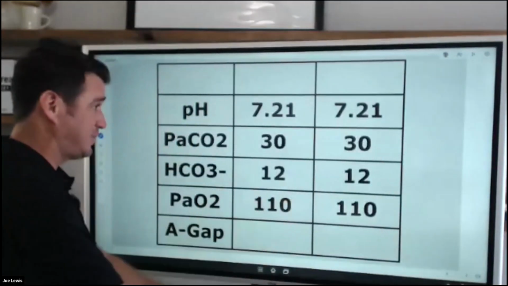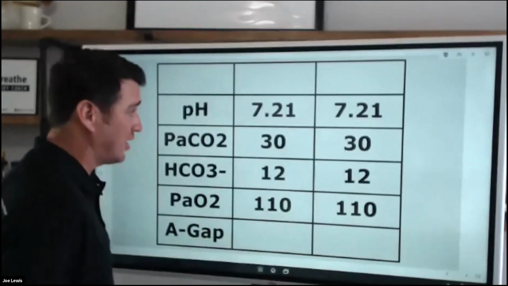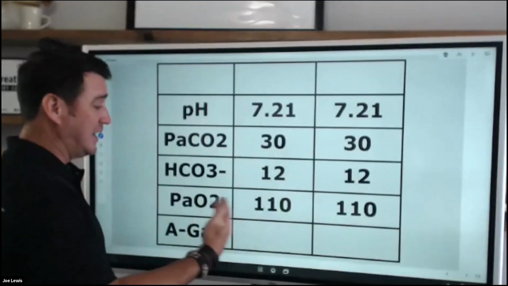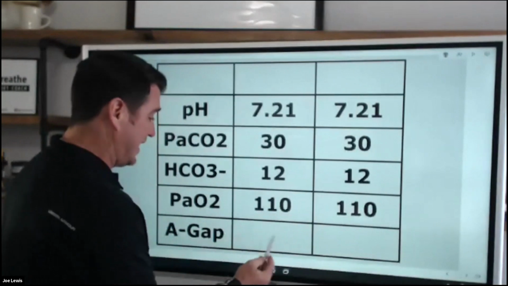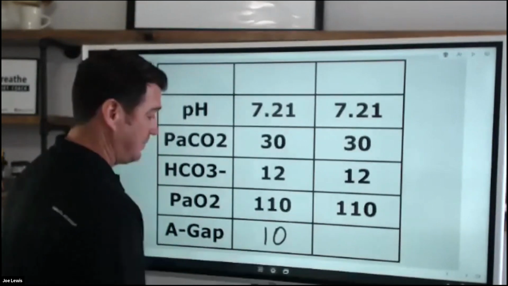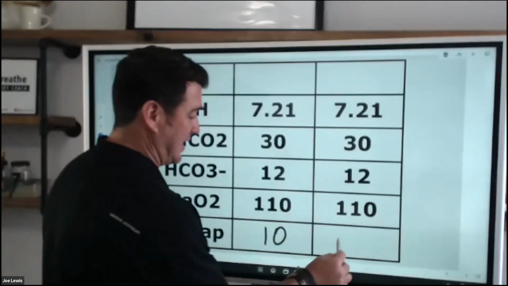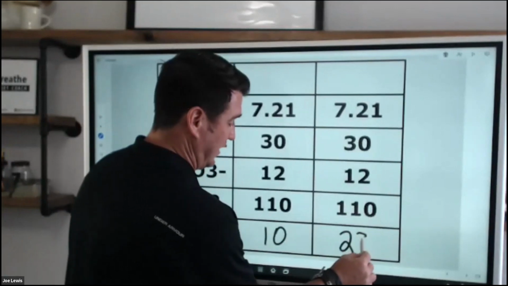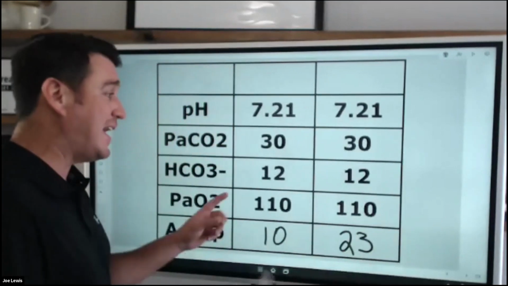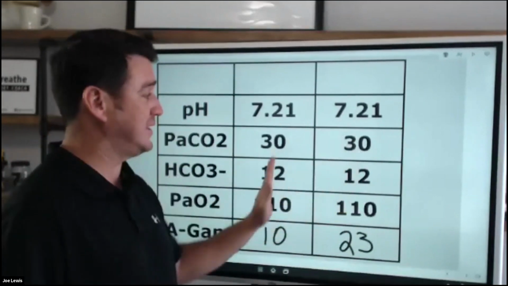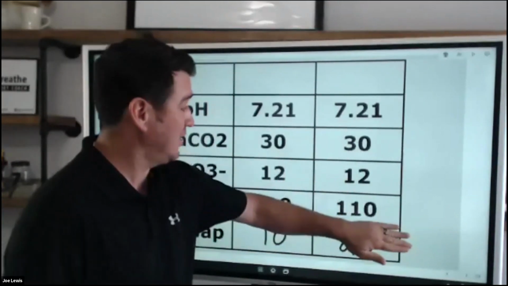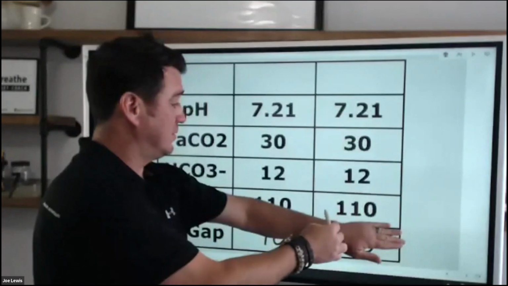So I bring you back to this screen right here, which is where we started this metabolic acidosis. Let's say that this person has an anion gap of 10. This person has an anion gap of 23. You now see where you have two different stories here. From here down, they look identical.